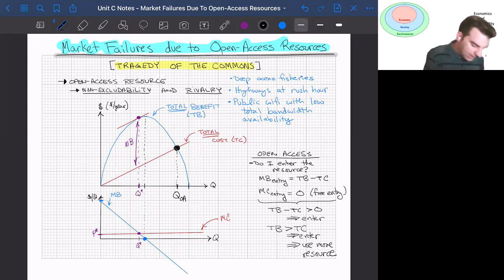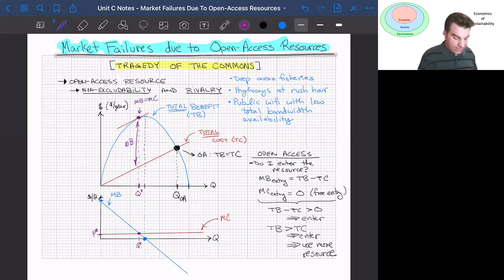And so this open access condition is the condition where total benefit is equal to total cost, whereas the efficient condition that we're used to is where marginal benefit is equal to marginal cost. Okay, so what damage is done by that?